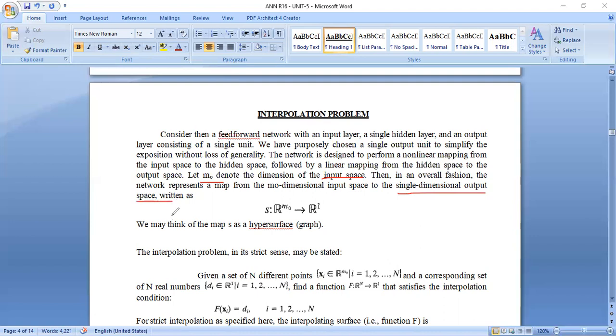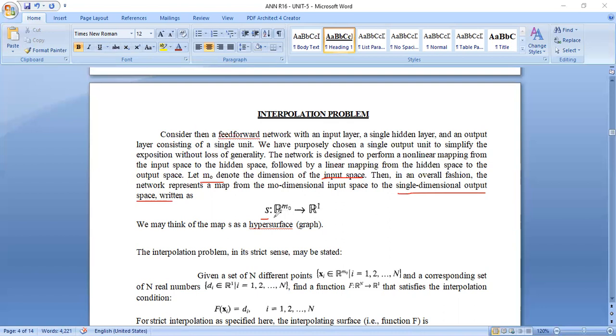We have M0 dimensions at the input layer, and all of those are mapped to a single dimension at the output layer. Suppose I represent this mapping as S, a hypersurface.